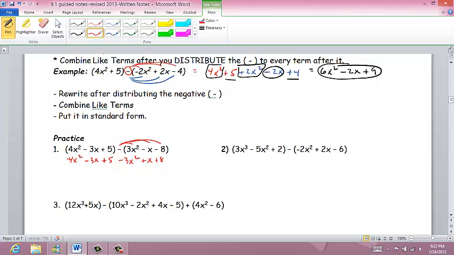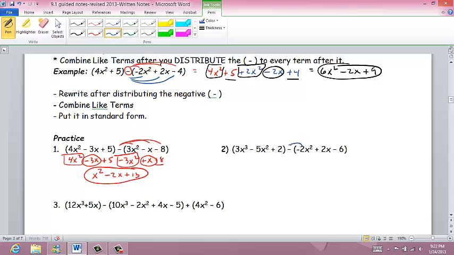When I combine like terms, 4x squared minus 3x squared is just 1x squared, or just x squared. Negative 3x plus x is going to give you minus 2x. And 5 plus 8 is 13. And we are done with that one.